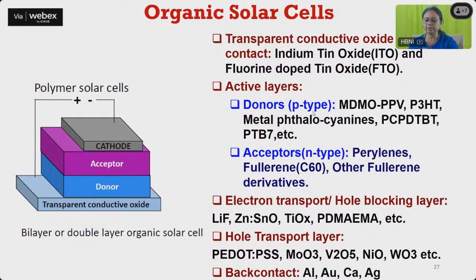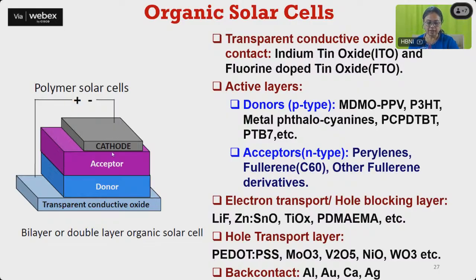In the donor P type, we can use molecules like P3HT, or different metal phthalocyanines like copper phthalocyanine, or different PPV or PEDOT:PSS, all those polymers can be used. And for the N type acceptors, perylenes, fullerenes, fullerene derivatives are used.